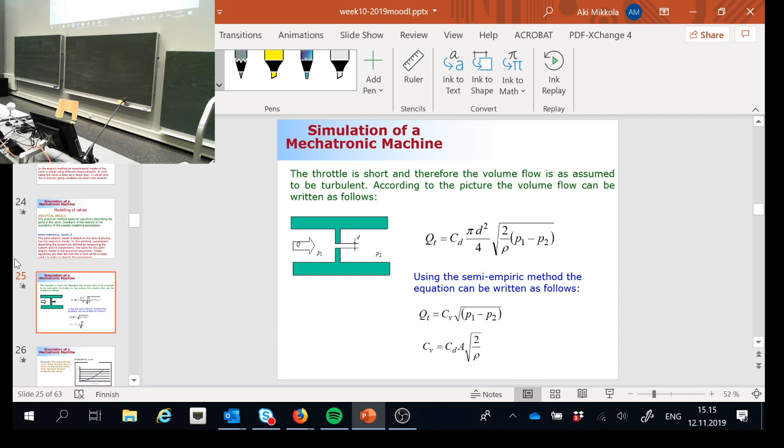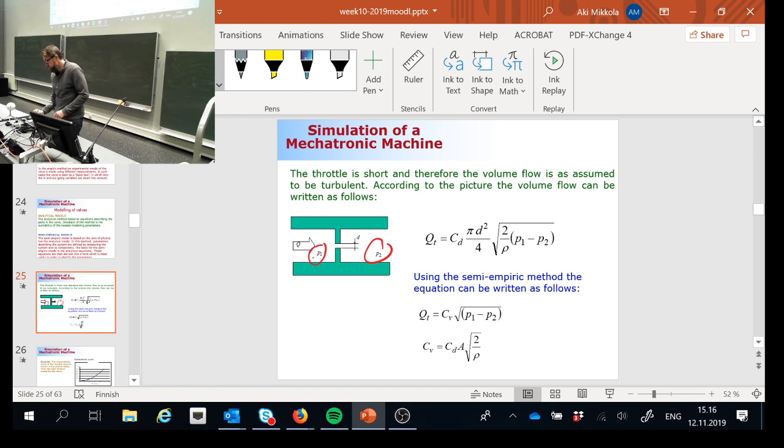So here's an example, and be careful when I'm explaining this because this is what we're going to repeat over and over again. The throttle valve has no moving component, it's just the drilling where the flow is traveling. This drilling is reducing the pressure from P1 to P2.